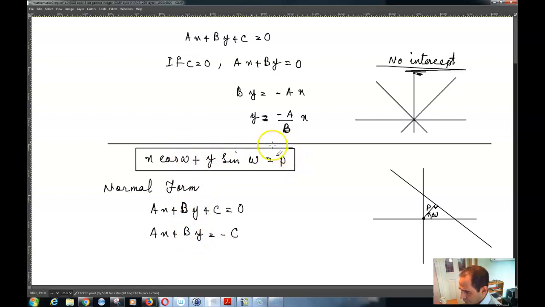If I assume that these are the same lines, then both the equations are the same.